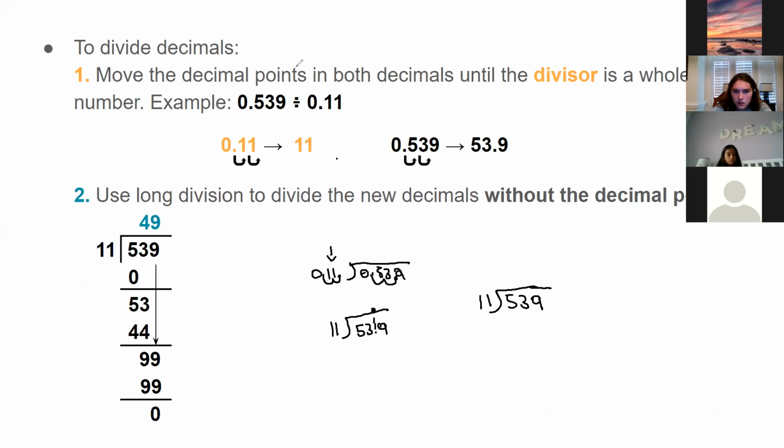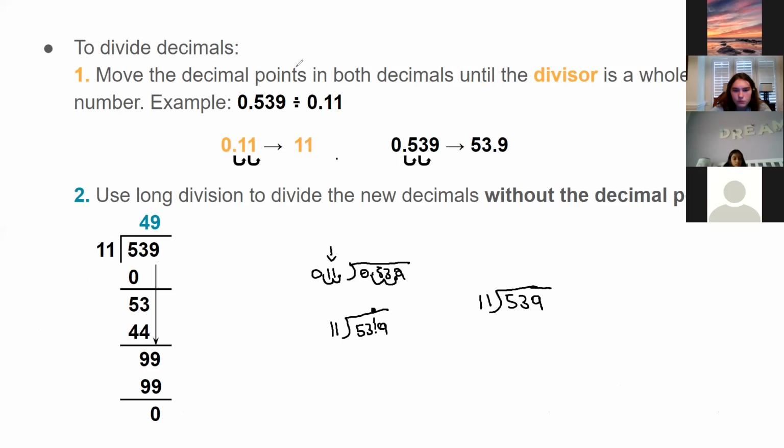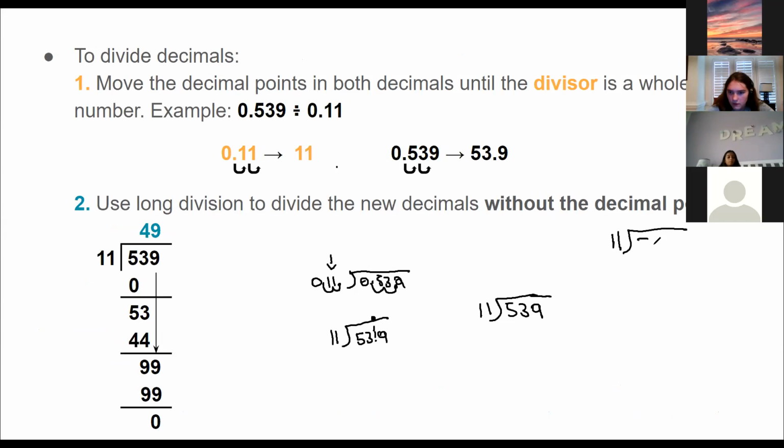Is that right? Hang on, I'm going to do this myself real quick. So 11, 539.